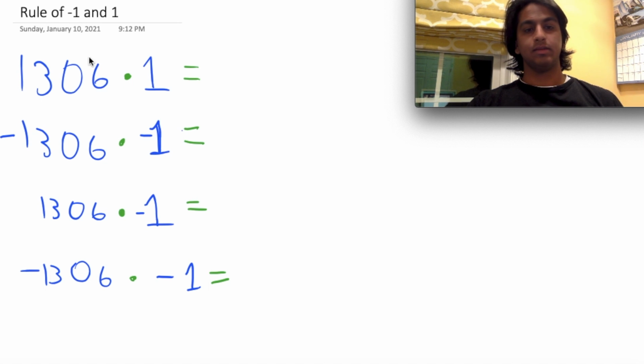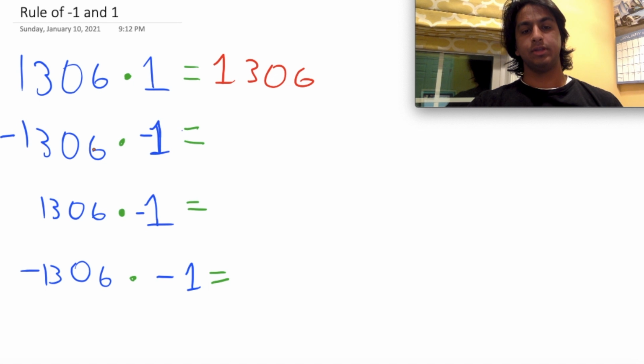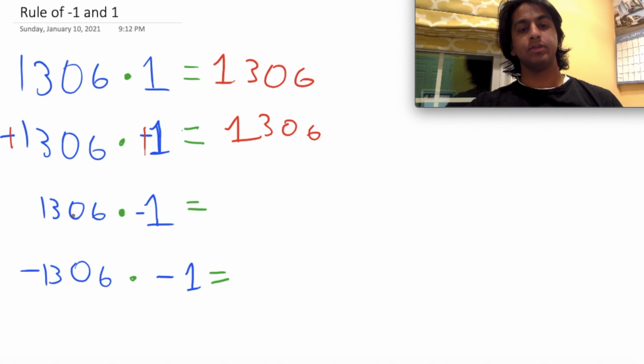The rule of negative 1 and positive 1. So what's anything times 1? That'll be what you start with, right? So 1,306 times 1 will give you 1,306. Now negative 1,306 times negative 1, so let's do the negatives at the end. So without the negatives, we'll have 1,306. And we know that the signs will cancel out because there's 2 diamonds, 2 negatives. Now, 1,306 times negative 1, let's do the negative last.